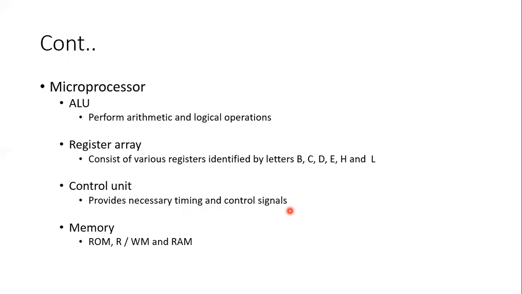Suppose that by keyboard we have entered the data, that is received by the control signal of a control unit, and then the data is sent to memory. After that, if there is an arithmetic calculation, then it instructs the ALU to perform arithmetic operations, and then the result is transmitted to the output unit, that is the printer or monitor, etc.